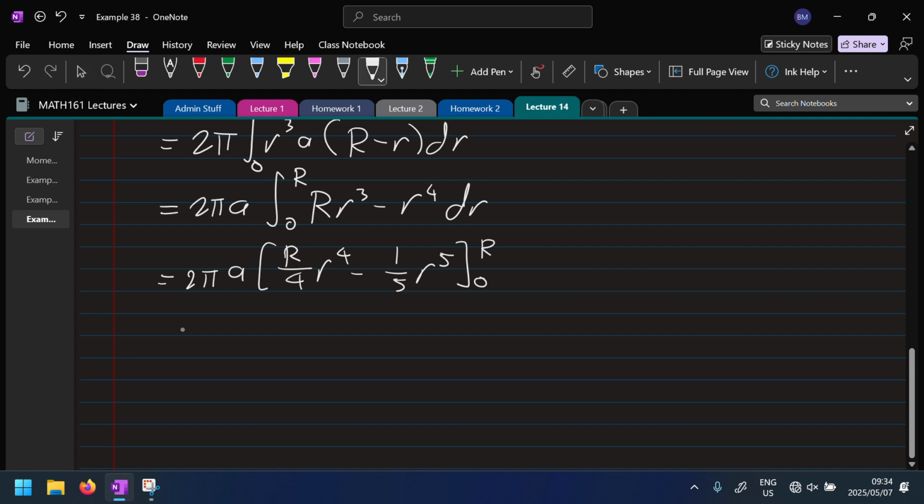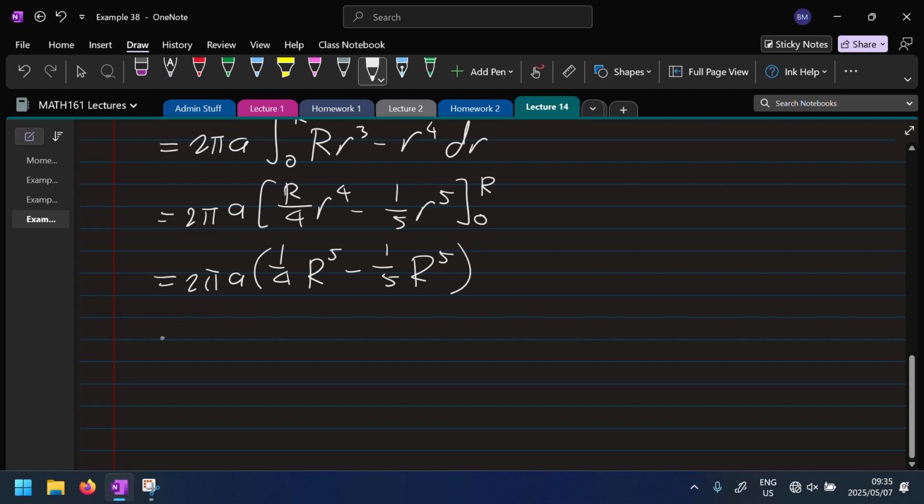Okay, and then we can substitute. So this will be 2 pi a. If we put in 0, we get 0, so we can ignore that one. Putting in the capital R there, we're going to get 1/4 R to the 5 minus 1/5 R to the 5. R to the 5, that's a constant, so we can just take that out.